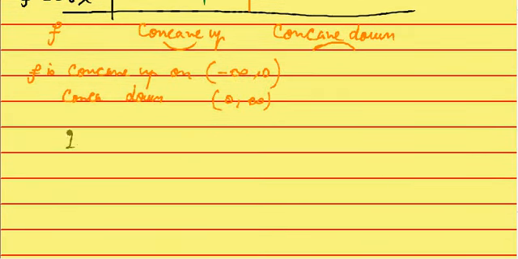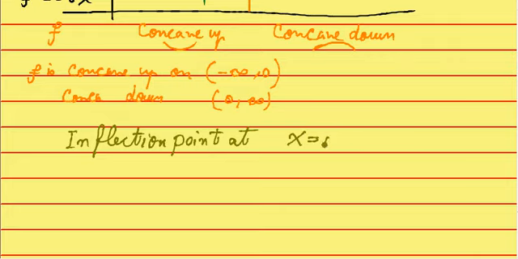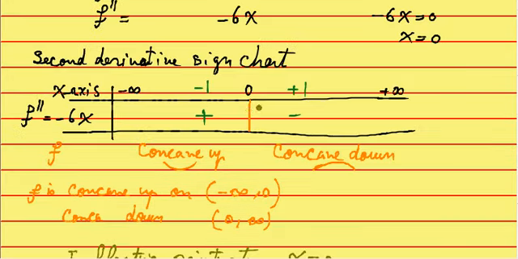The inflection point is at x equal to 0. This point at which concavity changed is an inflection point. X is 0. What is y?